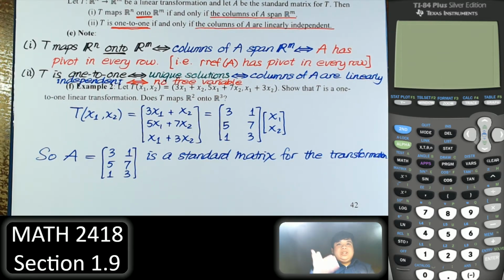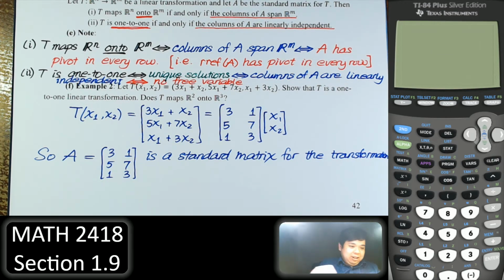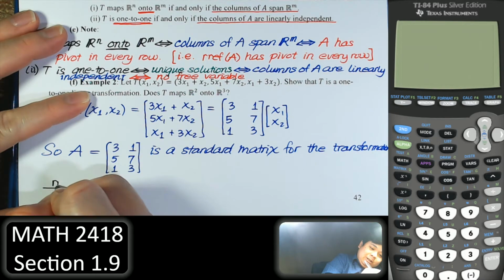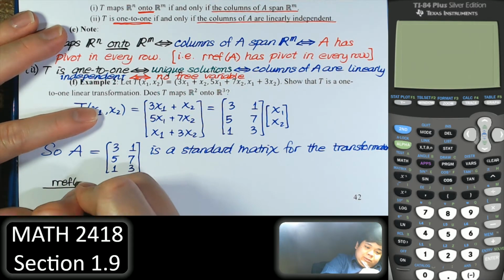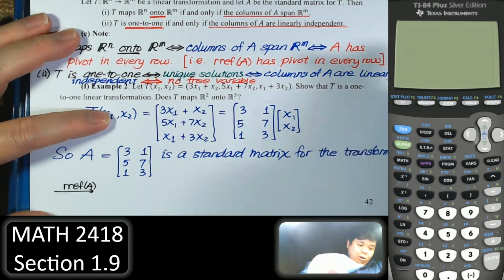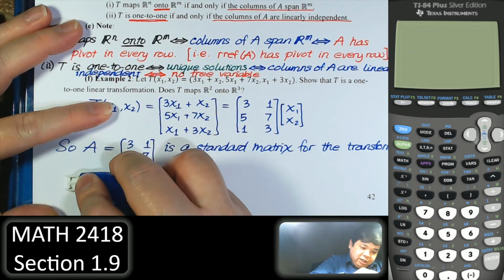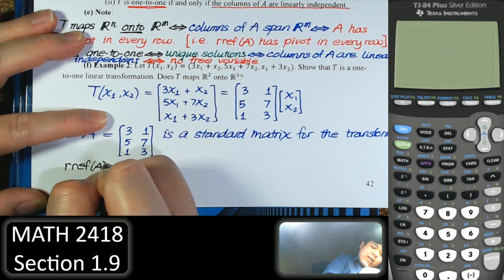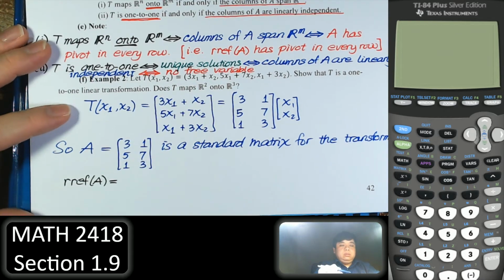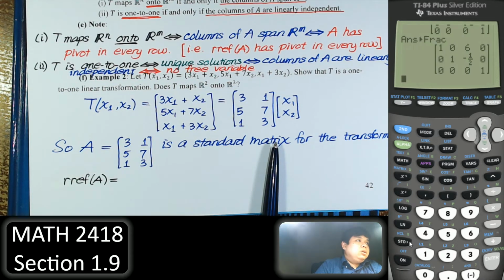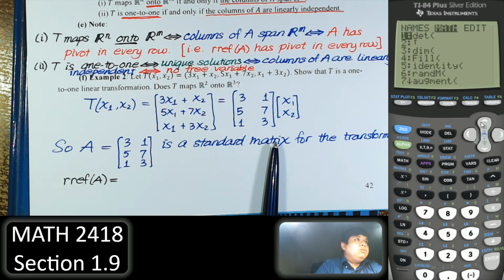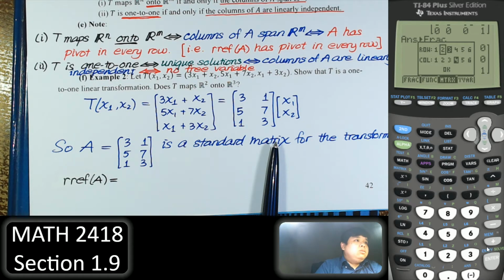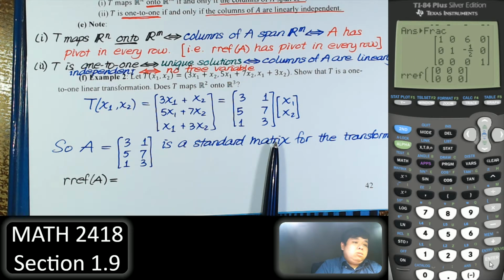Right, all we need to do is just reduce to echelon form and see what we have. Or if we write it like this, we should just say RREF of the matrix A is equal to a three by two matrix.